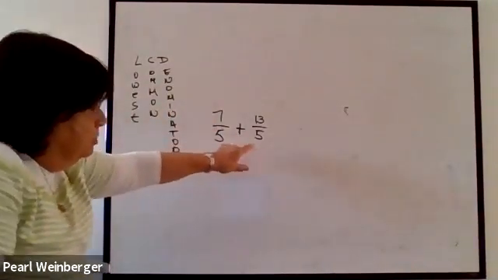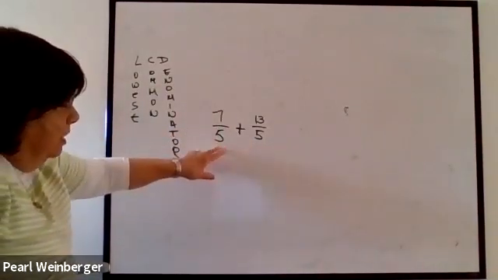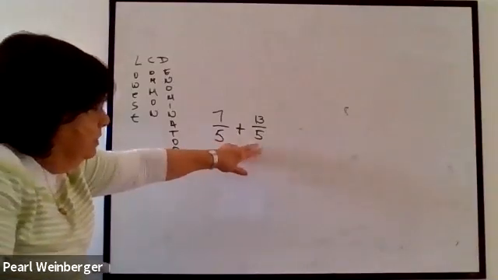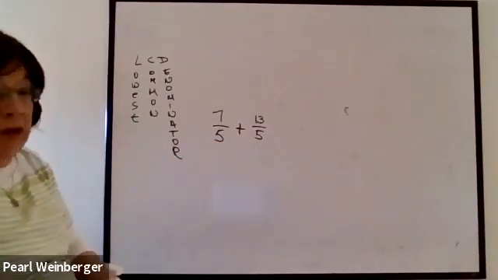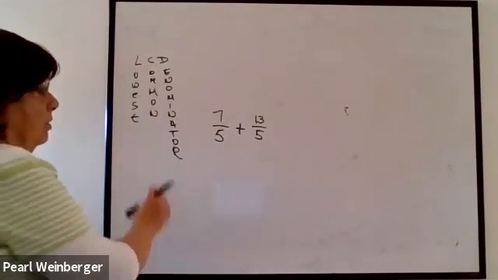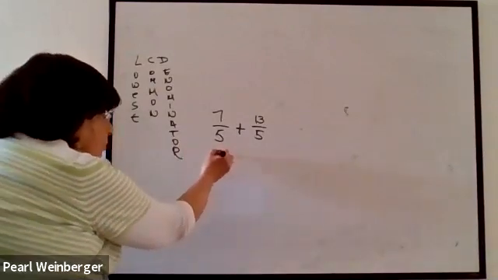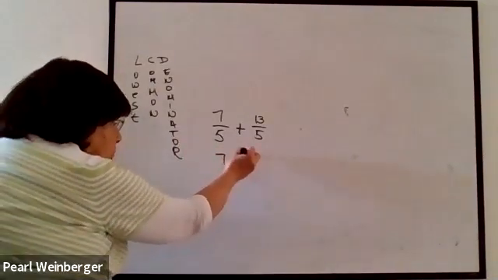These two fractions actually do have this LCD, a common denominator. They both have a denominator of 5. If you have a common denominator, then you essentially ignore the denominator, just work with the numerators.